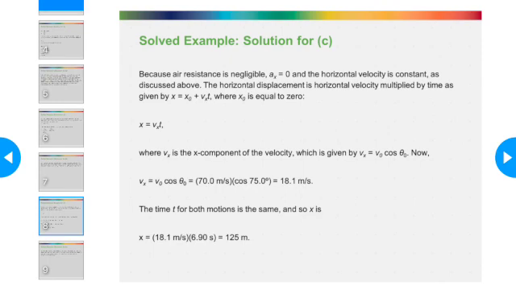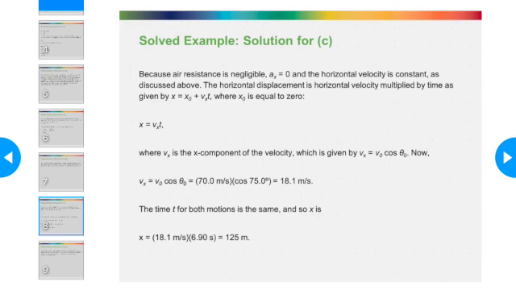So x is equal to vx t. Vx is our initial velocity in the x direction, which is just our velocity in the x direction because they're all the same. So v naught times cosine of theta naught, 70 times cosine of 75, is 18.1 meters per second. Plugging that into this formula, we now know the time is 6.9 seconds. So 18.1 times 6.9 is 125 meters.